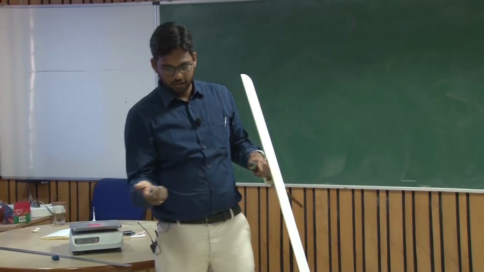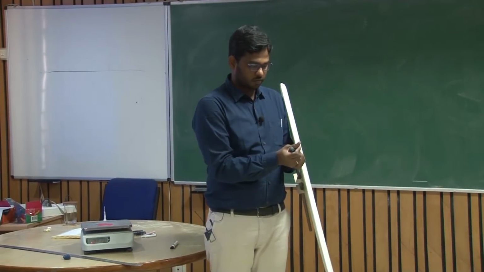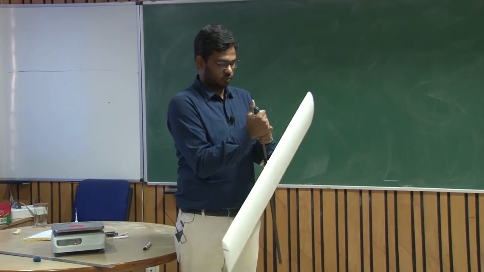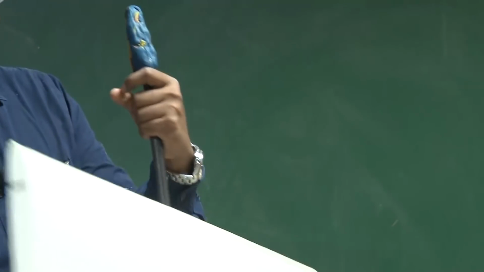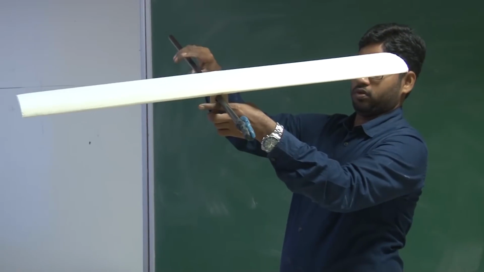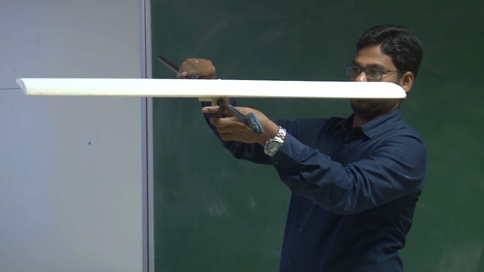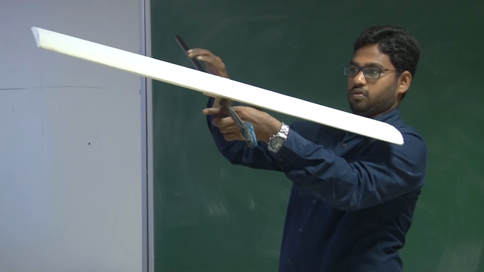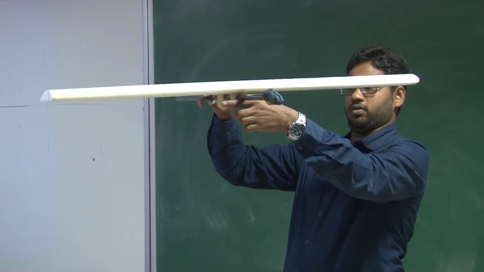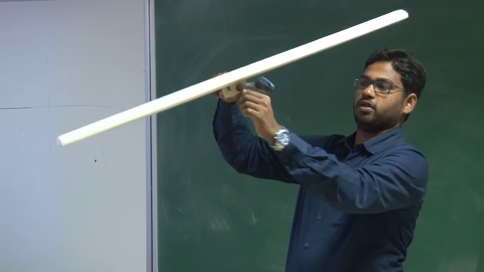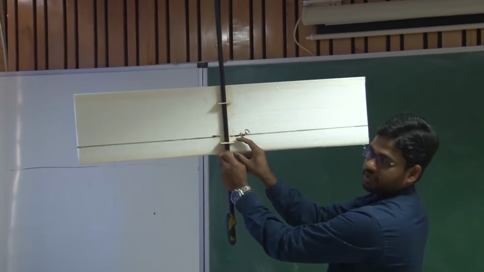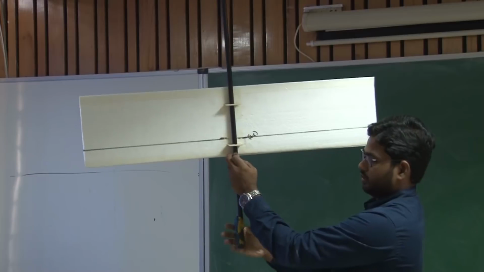Say there is some more molding clay. Now the CG is at this particular location, which is ahead of this aerodynamic center. Okay.